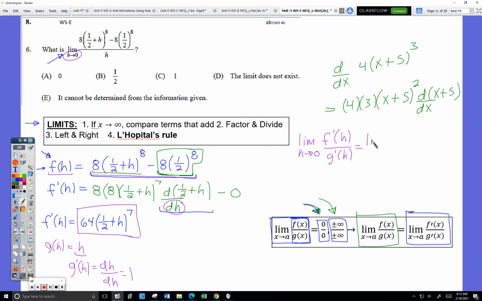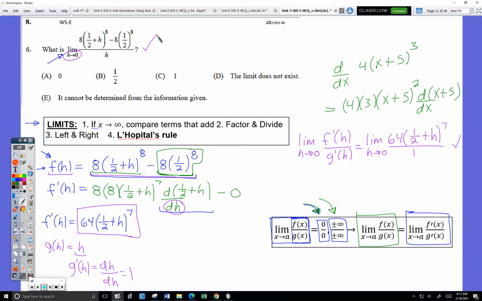So this is the limit as h approaches 0 of 64 times 1/2 plus h to the 7th. And my g prime was just 1. So that's the new limit problem I'm trying to solve. Because L'Hopital said, if I can find this limit, the value of that limit will be exactly the same as the value of this limit.